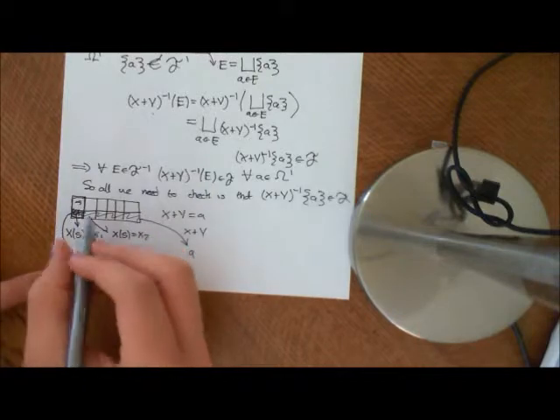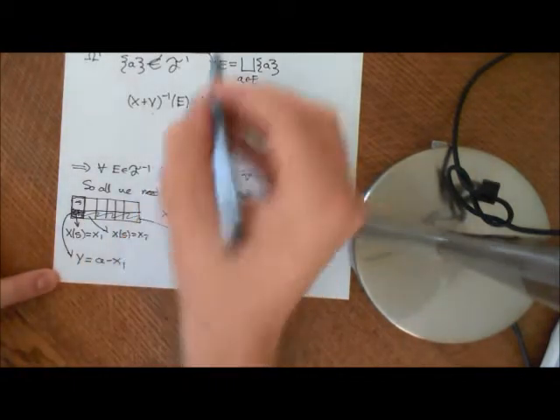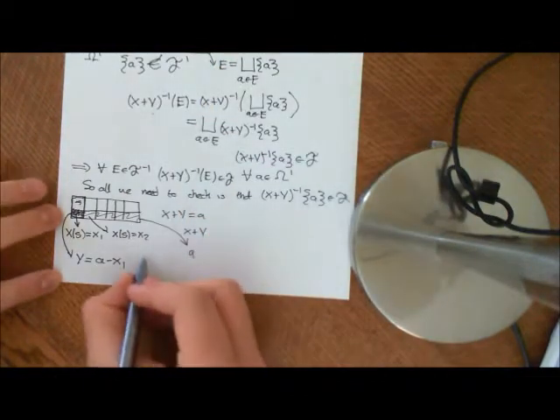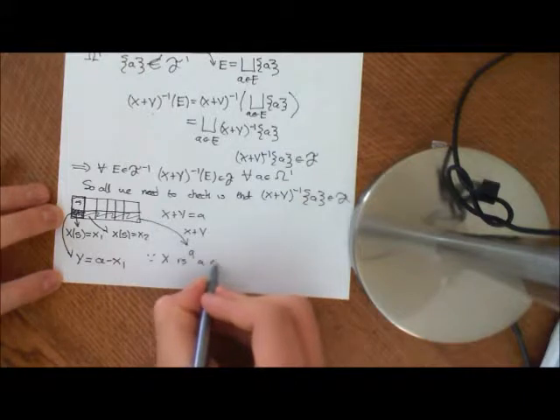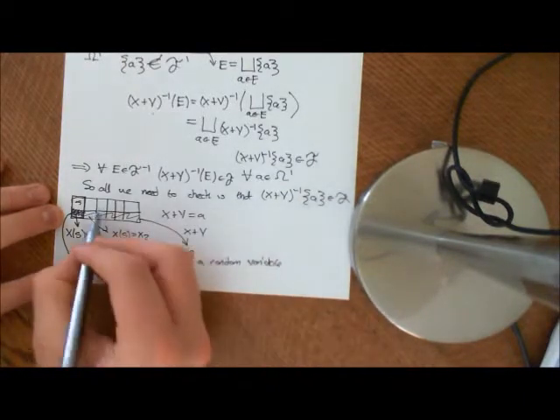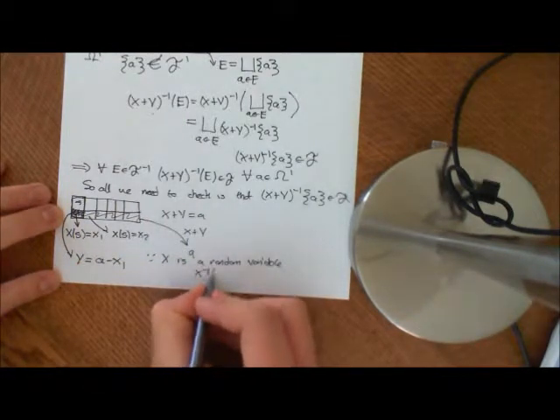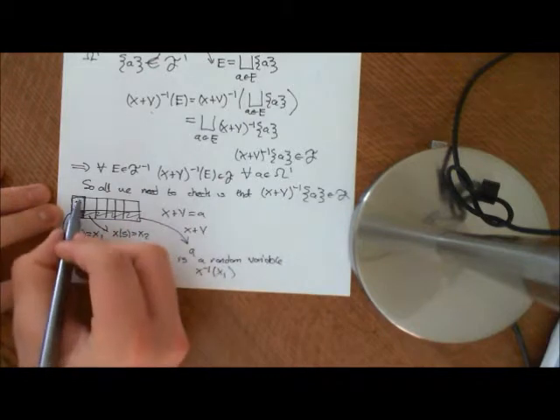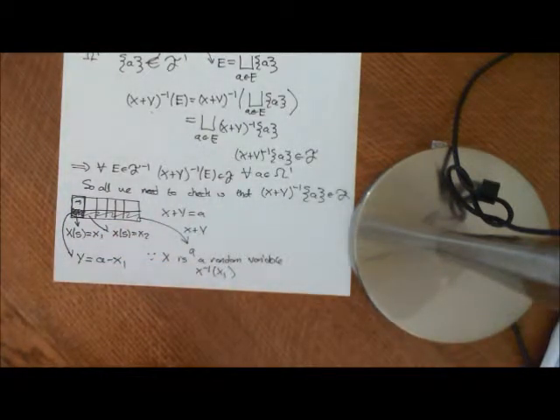Because x is a random variable, the inverse image of each point, x inverse of x1, which is this set here, is all the points in the probability space which are mapped onto x1.